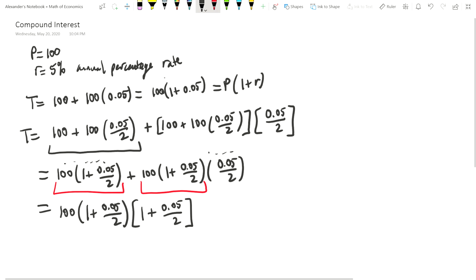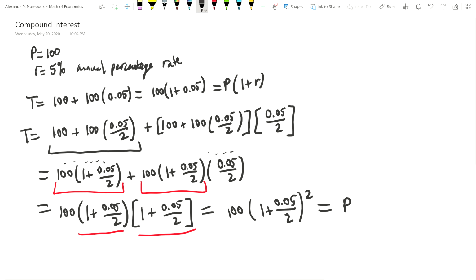And look, these are the exact same thing now. So we can simplify this by just saying that thing squared. So this is 100 times 1 plus 0.05 over 2, squared.